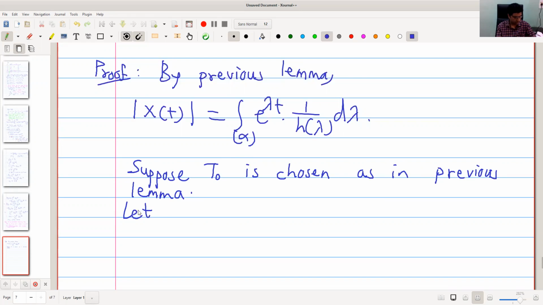Let lambda be a point in the complex plane given by alpha plus i t, and let t be a number which is greater than or equal to t0.